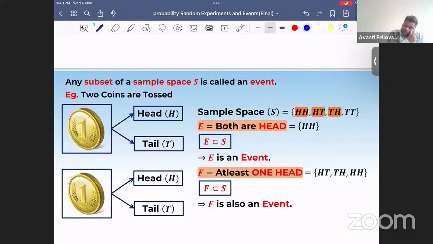So the sample space is going to be what? HH, HT, TH, TT. Now there is an event that both are heads. So one event is favorable, that is HH. And this HH is a subset of the sample space. Am I clear?